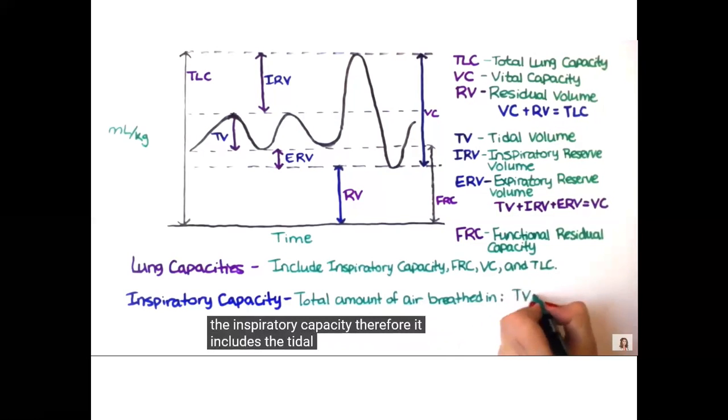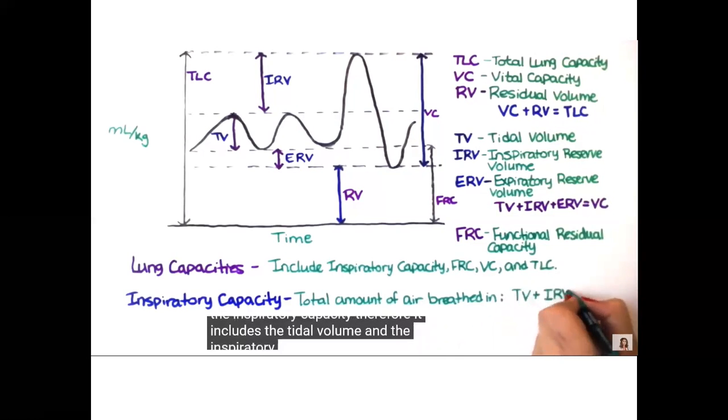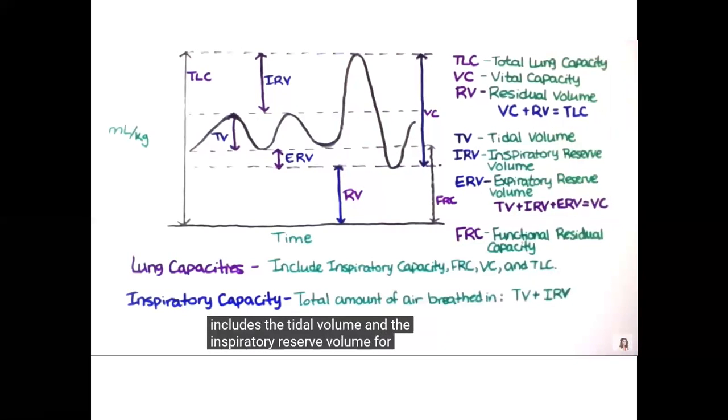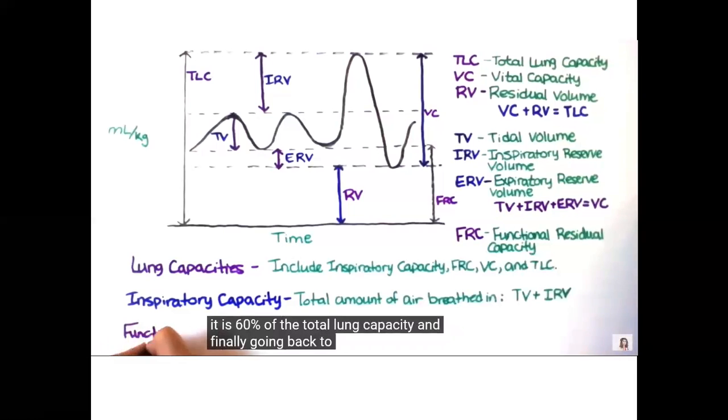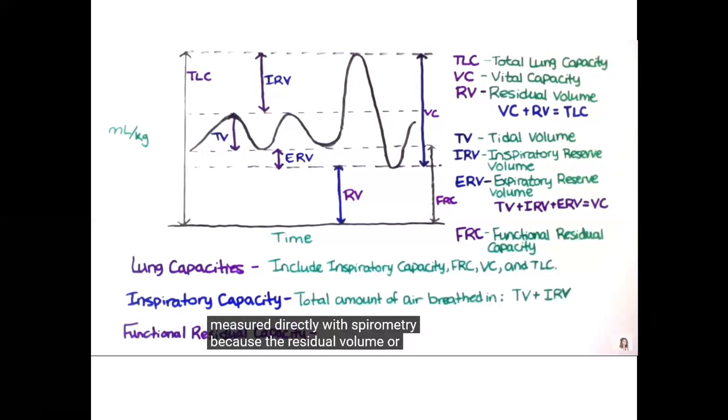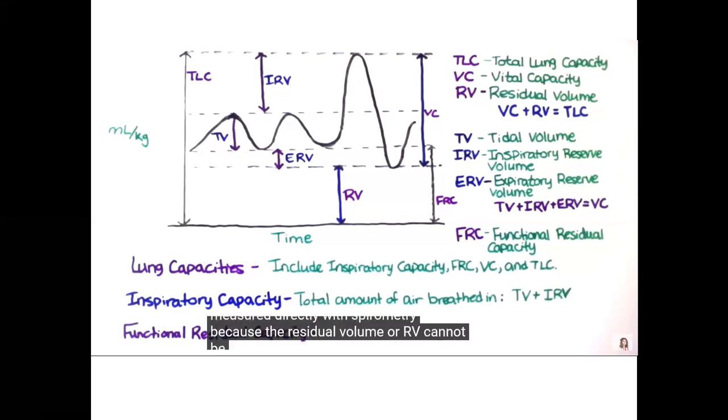Therefore, it includes the tidal volume and the inspiratory reserve volume. For instance, it would be smart to take an inspiratory capacity before jumping in water so that you can stay underwater longer. Normally, it is 60% of the total lung capacity. And finally, going back to the functional residual capacity, this cannot be measured directly with spirometry because the residual volume, or RV, cannot be exhaled.